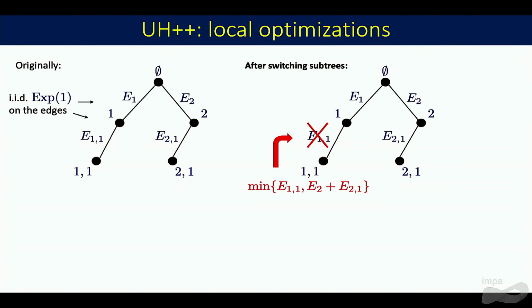And this is smaller. Of course, there's no free lunch. Once you do this, the passage time here on the right will be longer. But in general, you still win a bit.